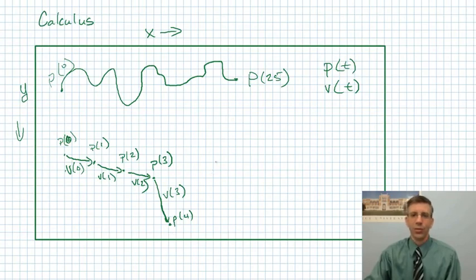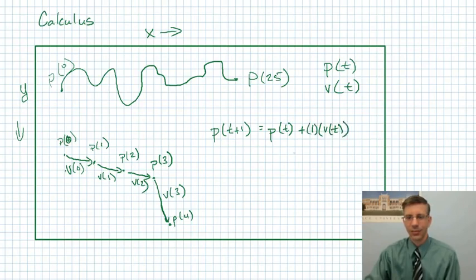So basically what we're saying is that your position at t plus 1 is equal to your position at time t plus 1, the amount of time that elapsed, times the velocity at time t.